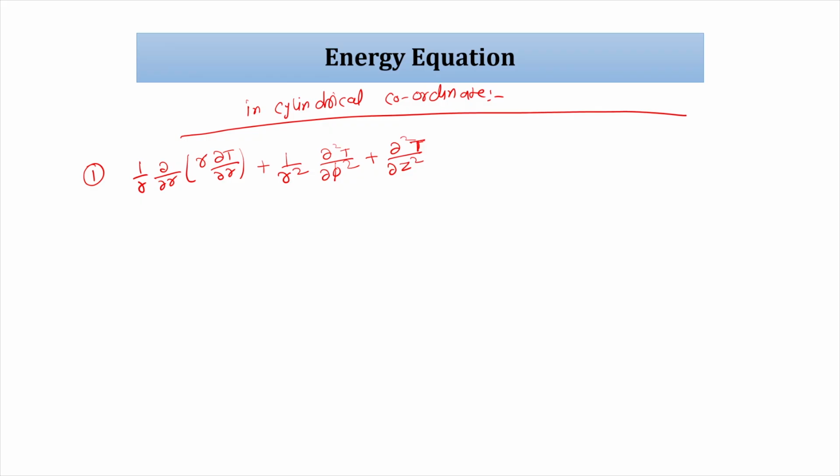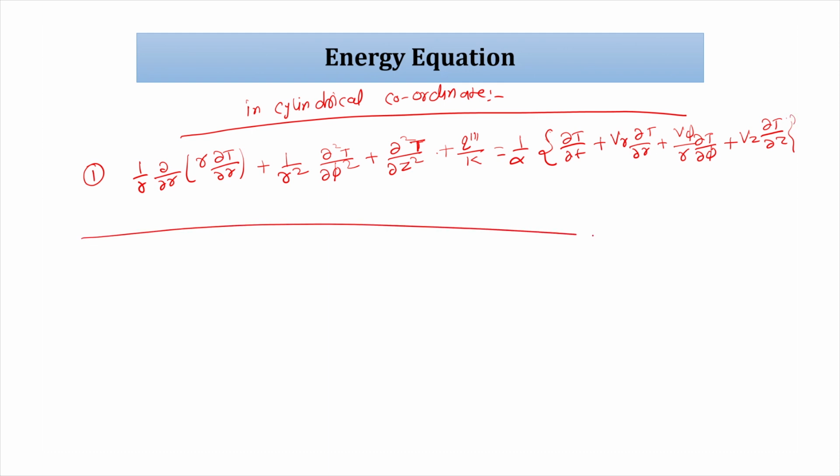We are going to use such equation in our discussion. So, I am keeping that, okay, plus del T by del t plus V r del T by del r plus V phi by r del T by del phi plus V z del T by del z, okay. So, this is the equation for our cylindrical coordinate.